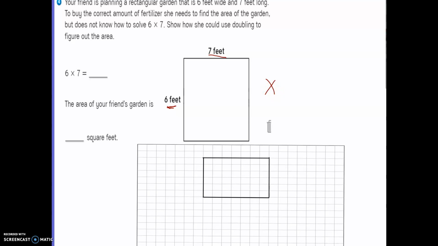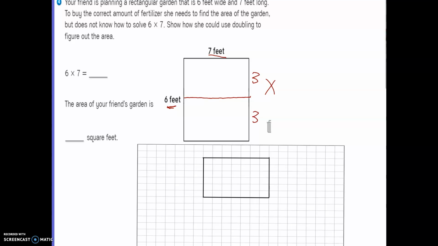So we want to work on doubling. So I have to look at my 2 numbers, 6 and 7. Which one of those can I split in half equally into 2 equal parts? I can split 6 in half. Okay, so which means this is now not 6 feet, but it's going to be 3 feet and 3 feet, because I can divide 6 into 2 equal groups.